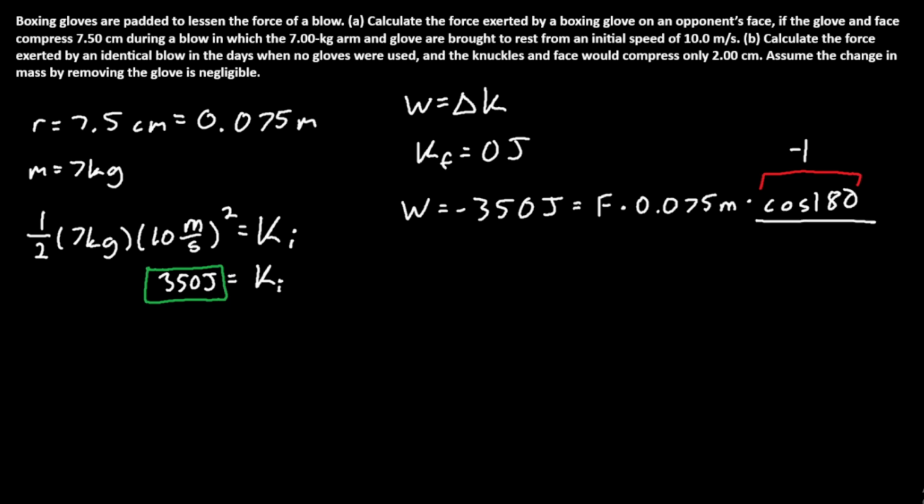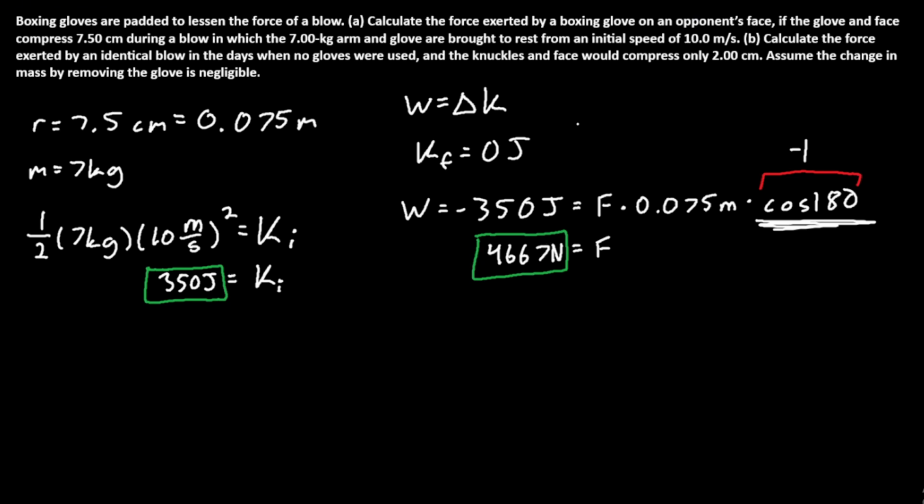So the angle between them is 180, which makes sense since you want the work to be negative. Now, once you solve for force, your force will be approximately 4,667. The exact answer is 4,666.6 repeated. So this is the force you're releasing onto someone's face if you punch them with the boxing glove.